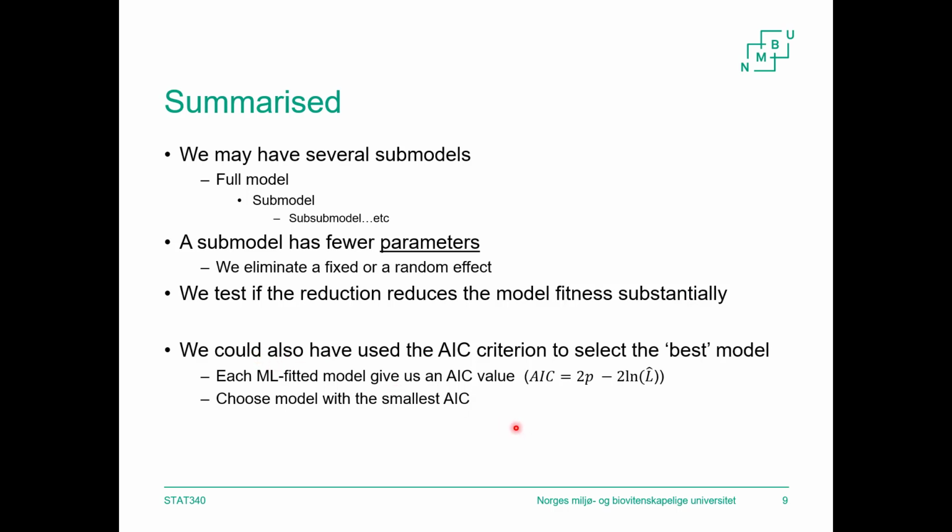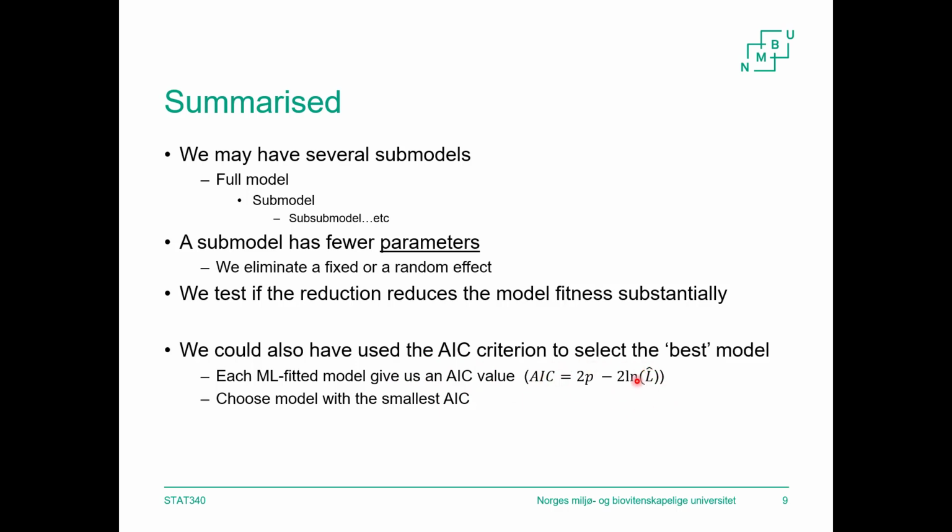I should also mention, since we last week talked about this AIC criterion, which is also based on these likelihood values, right? So we could actually use the AIC criterion again. So this likelihood ratio test and the AIC criterion are just 2 approaches to the same goal, you could say. So each maximum likelihood fitted model also gives us the AIC value, right? Here is the likelihood, right?